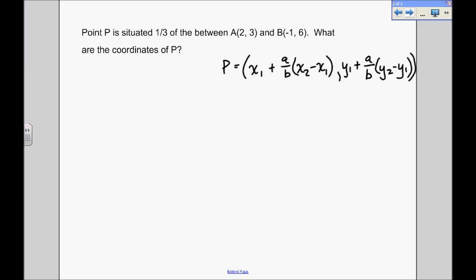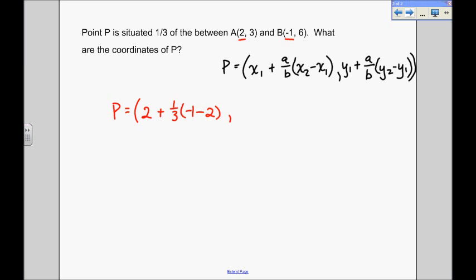If I plug the values in from my question, I get that point P is equal to, and I use the first x value, which is 2, plus the fraction, which is 1/3, times x2, negative 1, minus x1, which is 2. I got that from here and here. This is all for the x side.